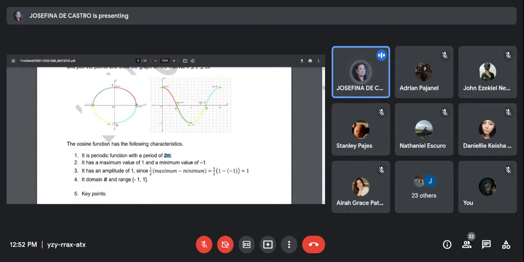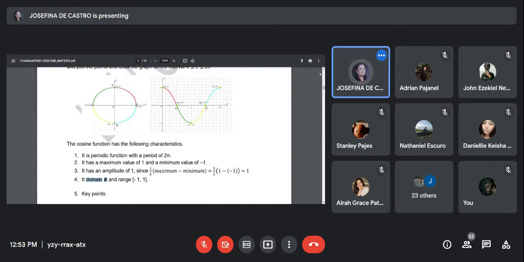And ang maximum and minimum point niya din ay from 1 to negative 1. Pumindot ka ng any cosines, hindi ka lalampas ng 1. Okay? Cosine 360 is equal to 1 also. So, kagaya din siya ng domain and range ng sine. Ang domain niya ay all real numbers, lahat pwede.